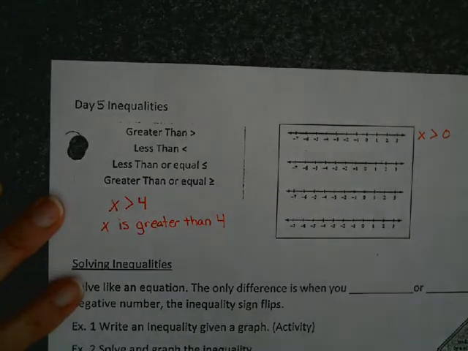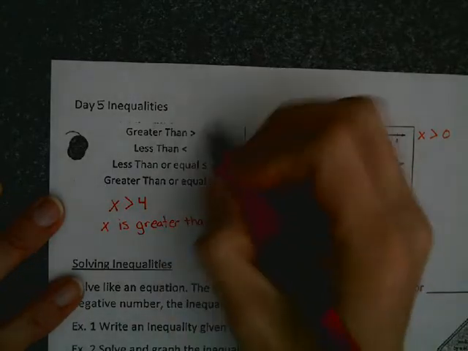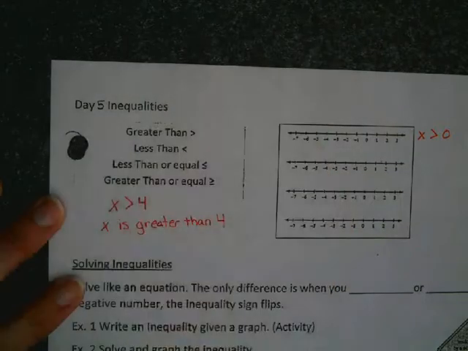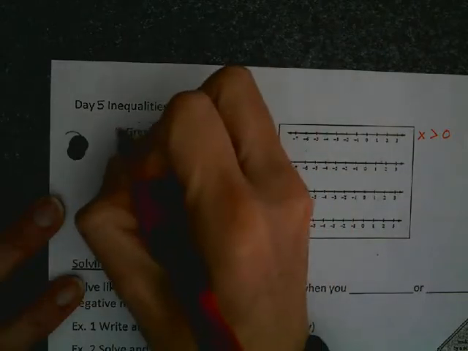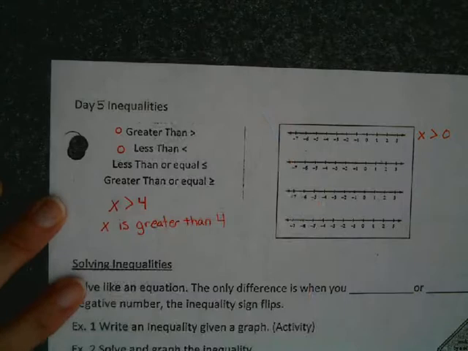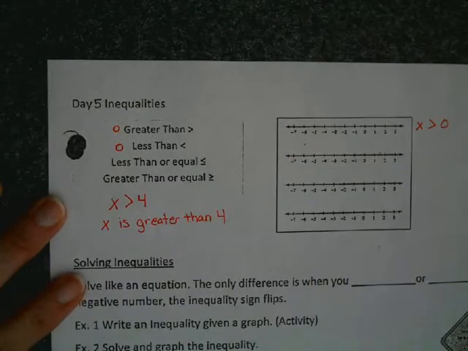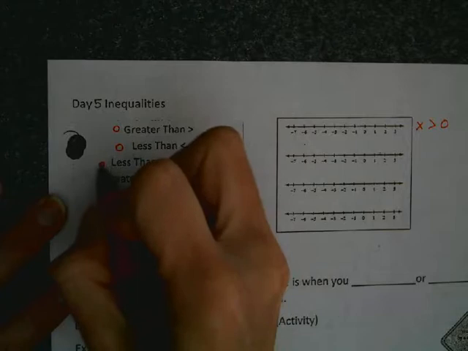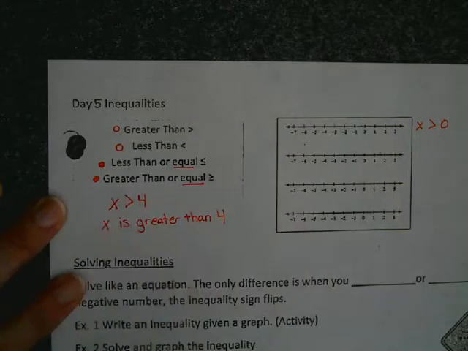If it does not have a line under it, it's not equal to something, we're going to use an open circle on that exact number. If it has a line under it, like the word equal to, then you're going to put a closed circle on that number.